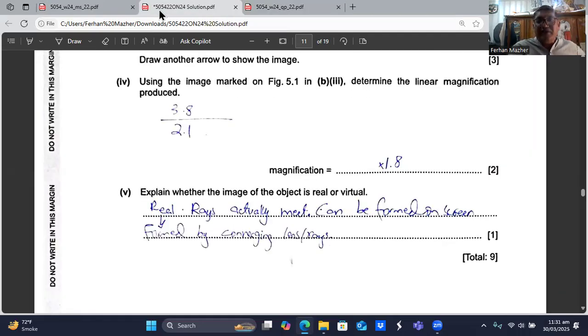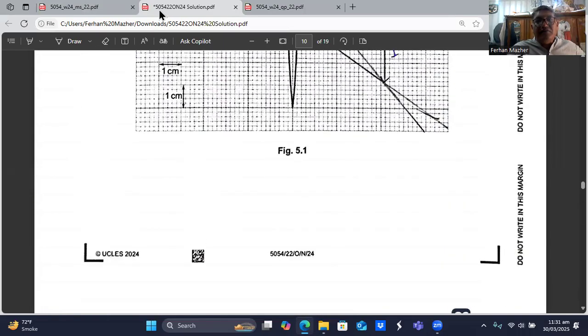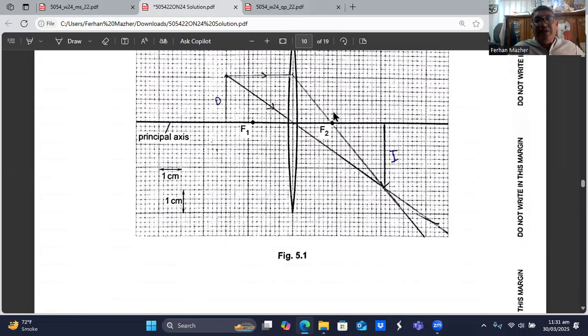Once again, let me explain the fourth point. The height of the image divided by the height of the object. The height of the image here is approximately 3, or you can say 2.8. Even if you take 2.8, let's see what the answer comes to.